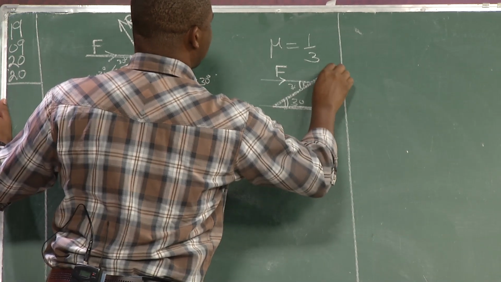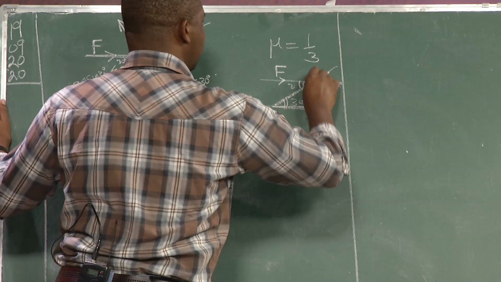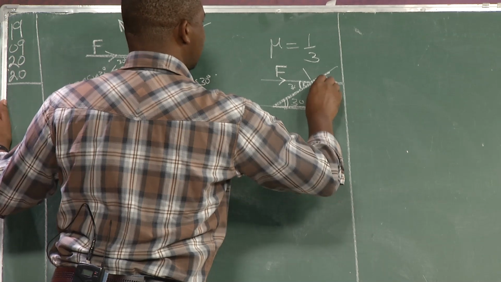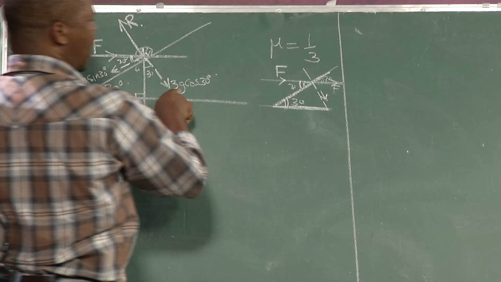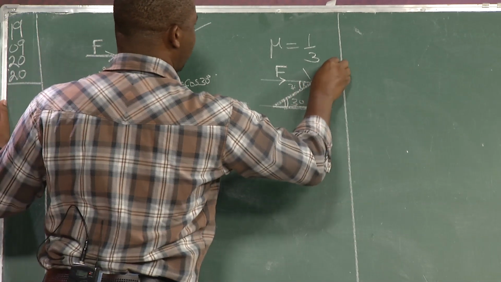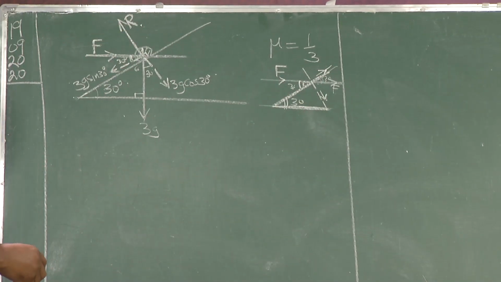Still, that would be 30 degrees. And this F therefore can be resolved for purposes of emphasis. It can be resolved along here where the 3g cos theta is, and it can be resolved along the plane as we shall see, or as we have been seeing.